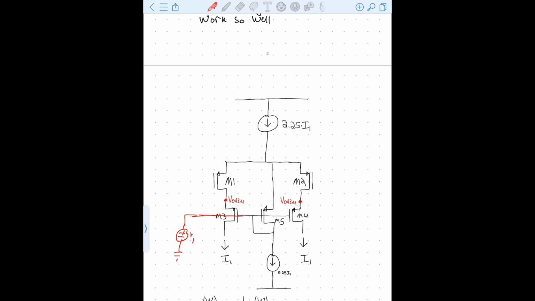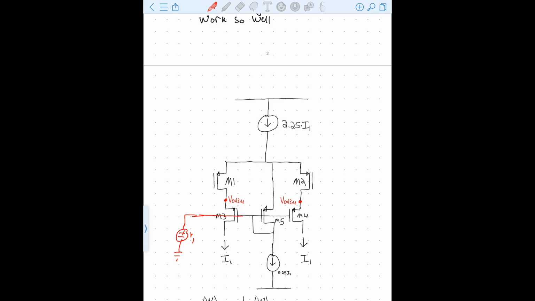So if that's changing with process, or mismatch, then the bias point there is changing, and you're not going to be able to get as close to the limit, which in this case is the overdrive of M1 and M2. You're going to have to provide more room to allow for those variations. And in general, because there are more variations, it's going to make it not as robust.